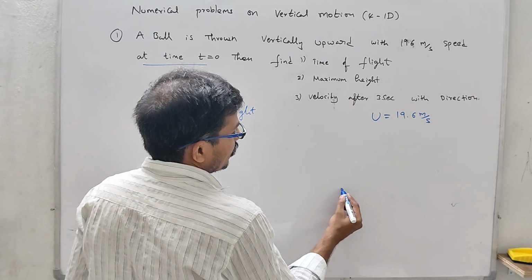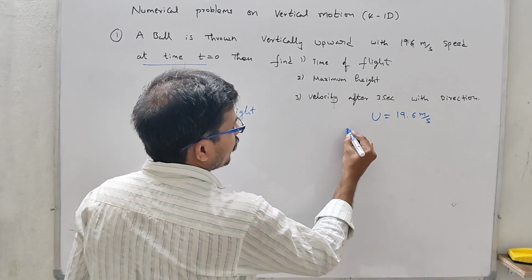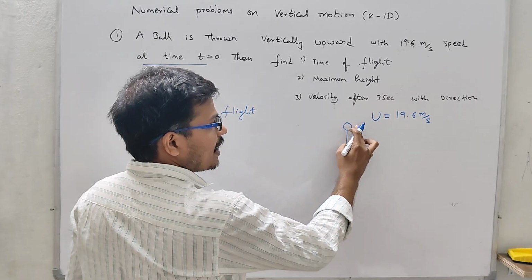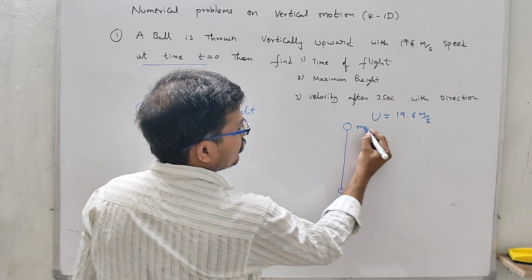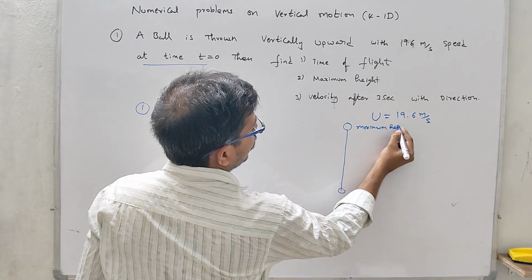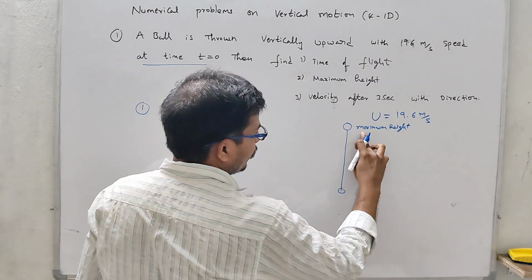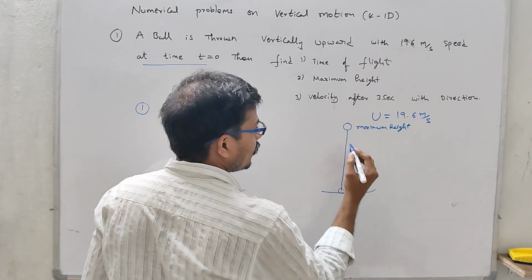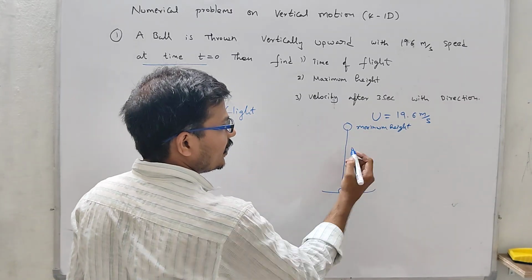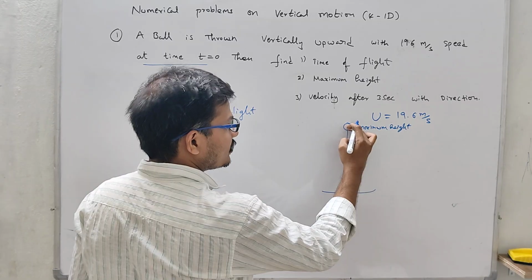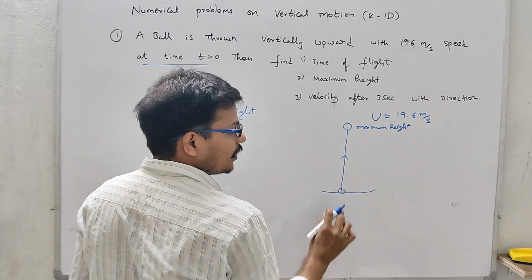In our question, a ball is thrown vertically upward. After some time, it reaches maximum height, and after that it comes downward and reaches the ground, back to its original position.